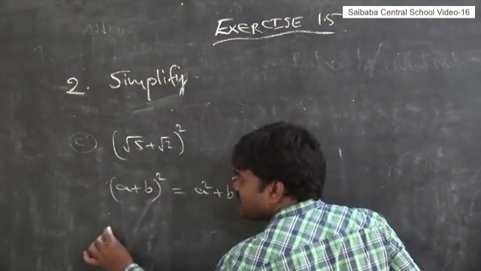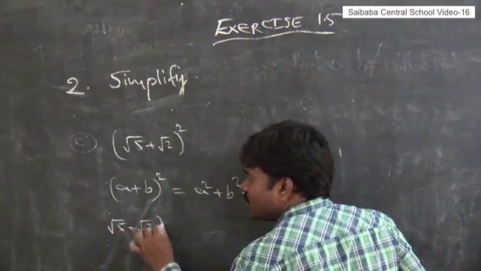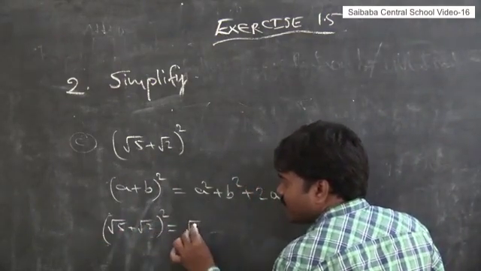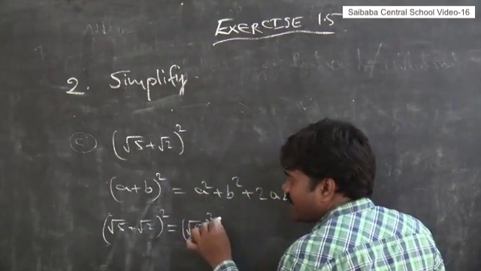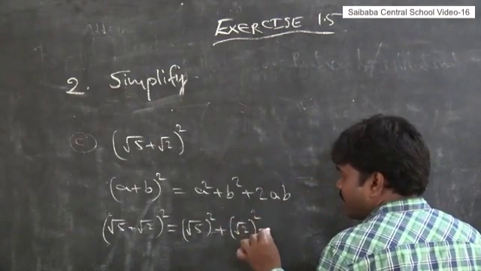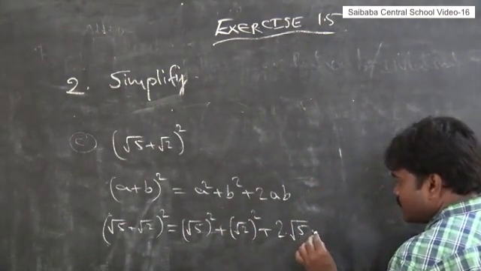It's very simple. Easily we can get root 5 plus root 2 whole square is equal to A, in the sense root 5 square, plus B, in the sense root 2 square, plus 2 into root 5 into root 2.